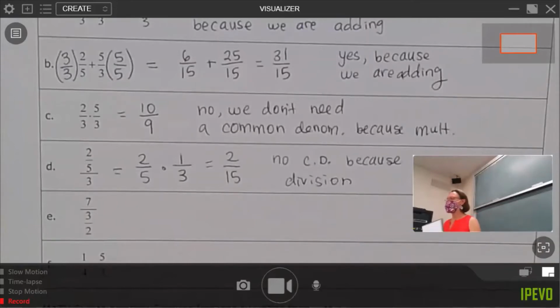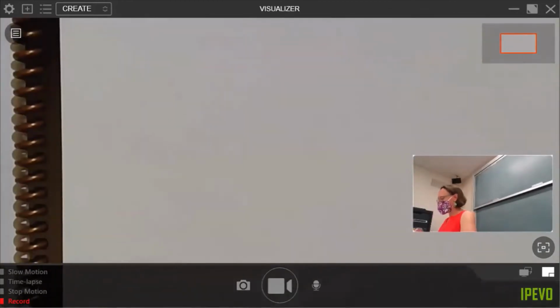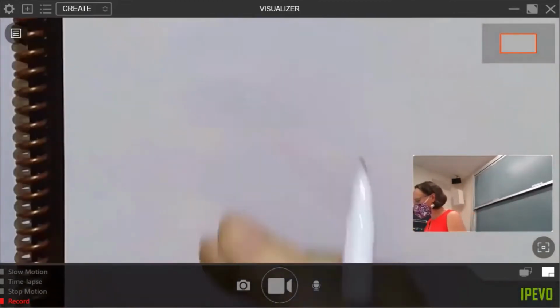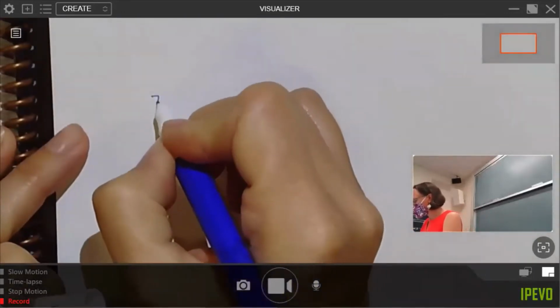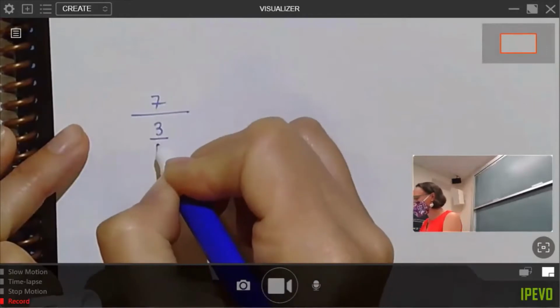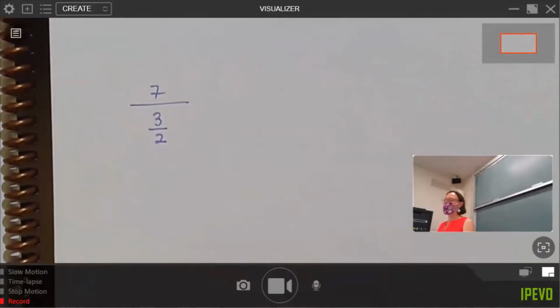It's just a little bit less obvious to see what's happening. So I'm gonna dissect this one a little bit. What was it? 7 divided by 3/2. And I've made my fraction bar giant, just to be really clear that the 3/2 is in the bottom.